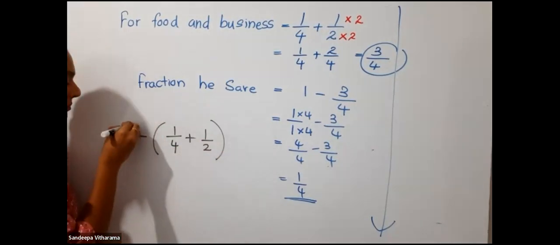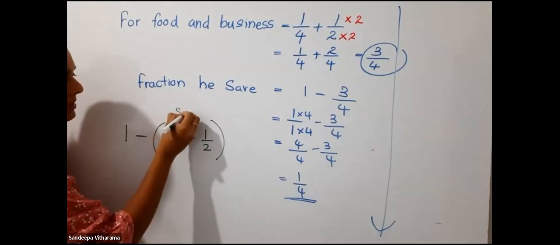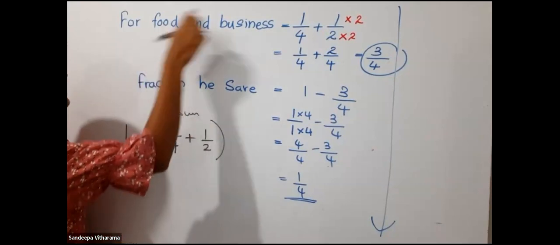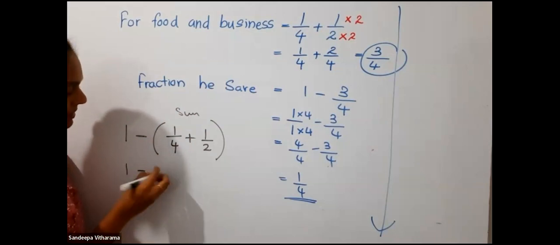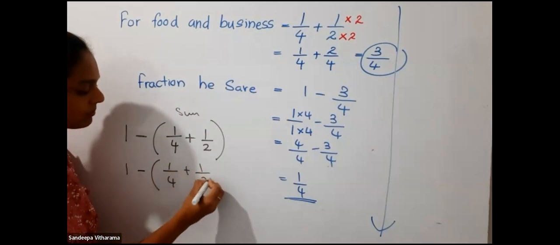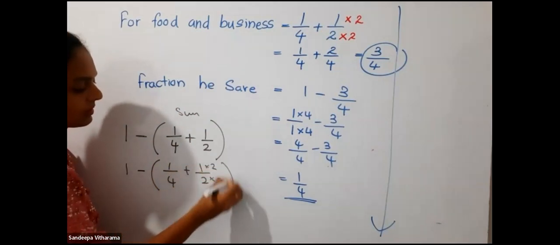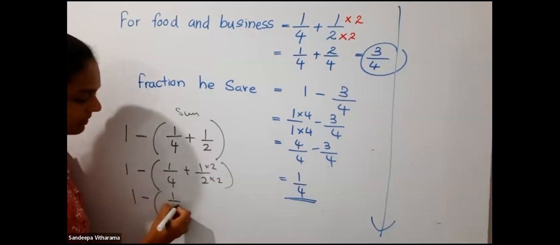Then from 1 we subtract the sum of food and business. If you simplify this, the same procedure you have to follow, but at once you can obtain the answer without doing it separately. This is how you can work out the answer.